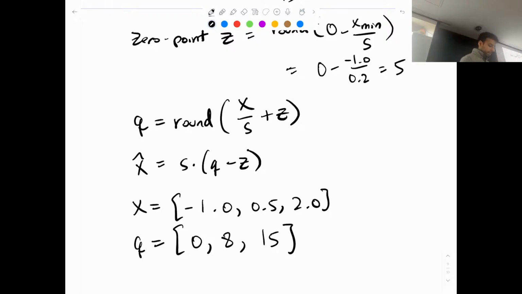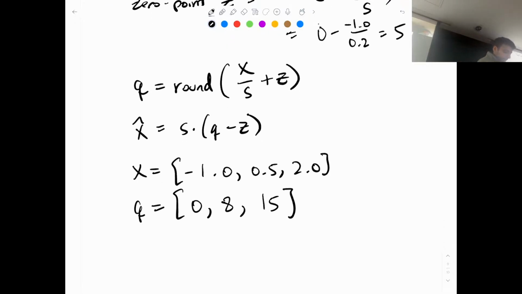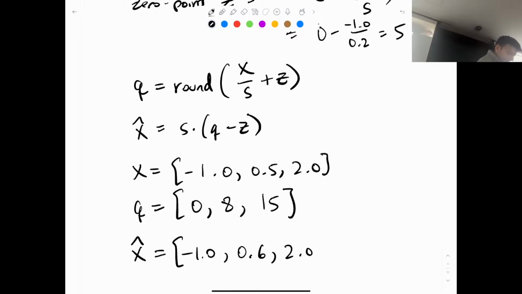So the thing is that when we recover the weights, we always will lose some information. So when we want to actually do forward propagation with this model, we're going to need to recover some weights, or when we're doing backprop. And using that formula above, we do manage to recover 1.0 exactly, but we get 0.6 and 2.0. So we have some loss compared to the original parameters.